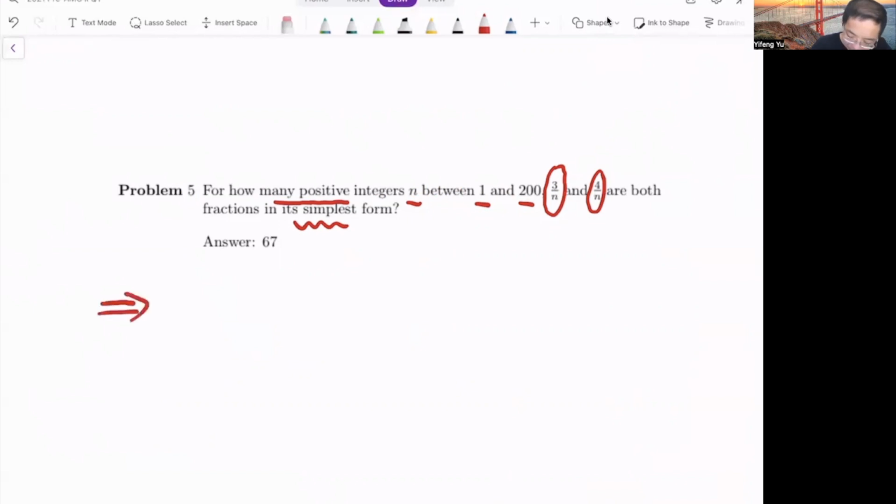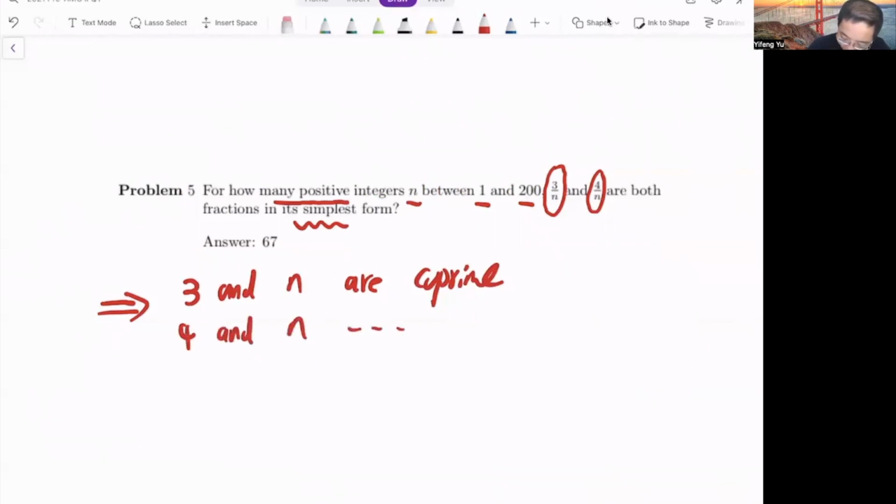This problem basically just says that 3 and n are coprime. They do not have any common factor except 1 to simplify, and 4 and n are also coprime.